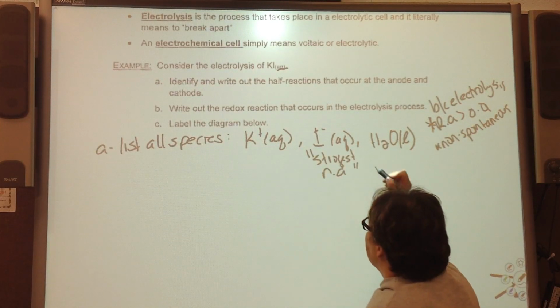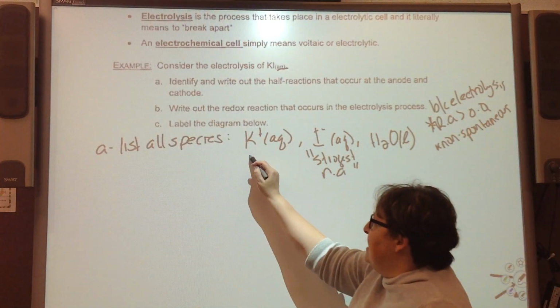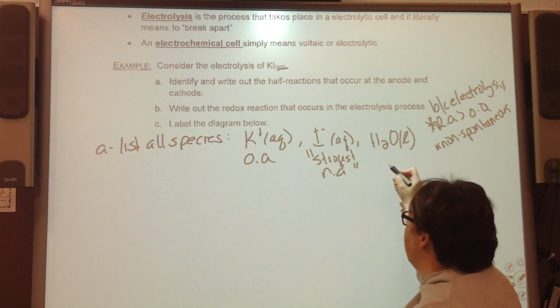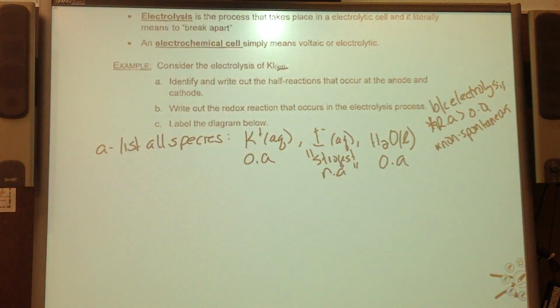Oh, I spelled strongest wrong. Okay, so then what becomes our strongest oxidizing agent? Okay, it's an oxidizing agent. And this also becomes an oxidizing agent. And when we look, water's higher than potassium. Potassium's actually pretty weak as an oxidizing agent.